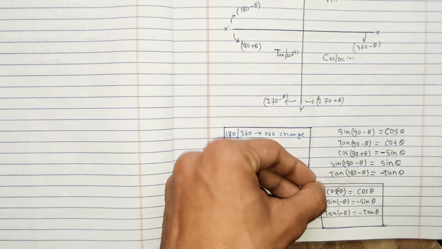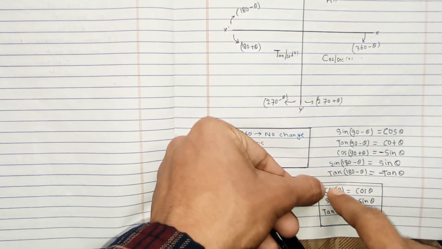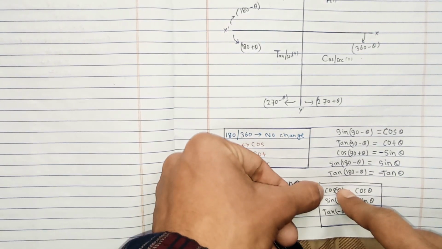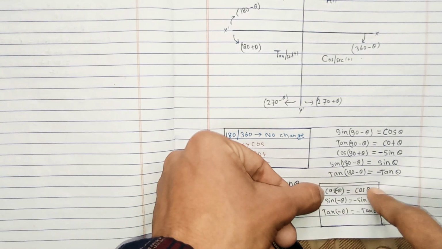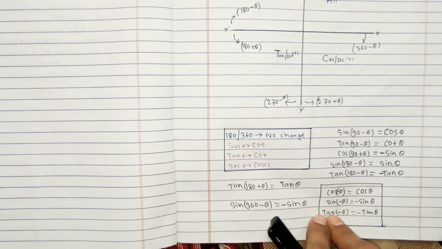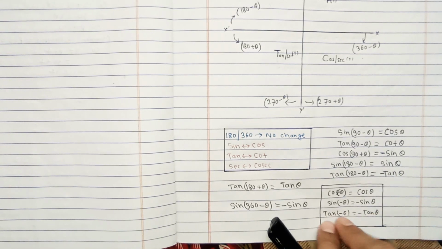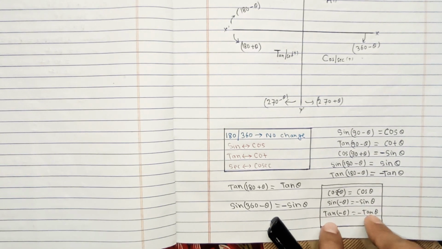I have written only three major trigonometric ratios because the rule which is applicable for cos is also applicable as it is for the sec. It means that sec minus theta is also sec theta, and cosec minus theta is minus cosec theta, and cot minus theta is also minus cot theta.